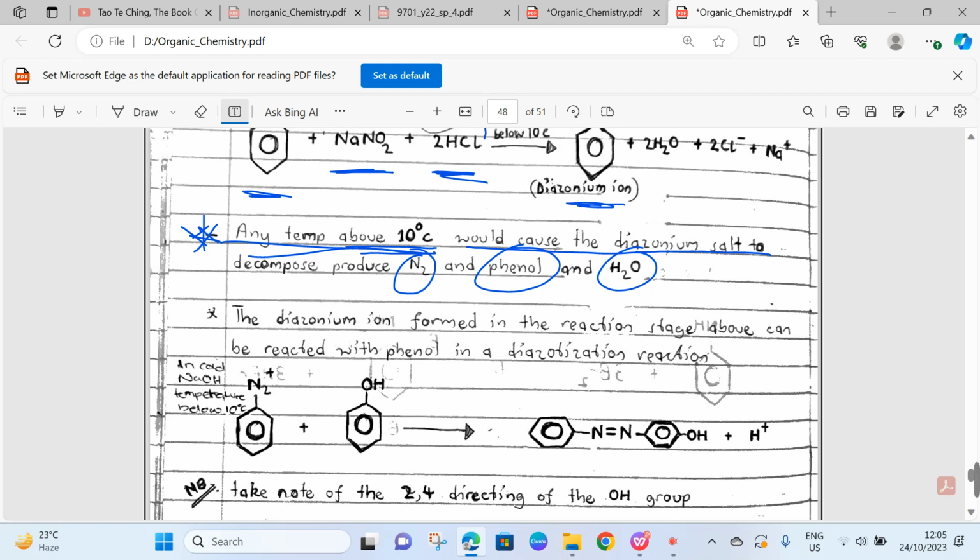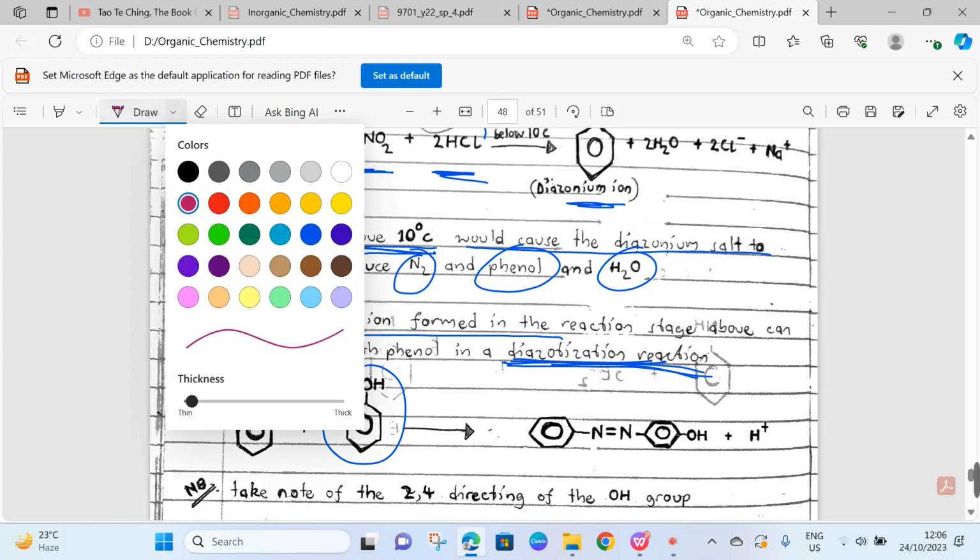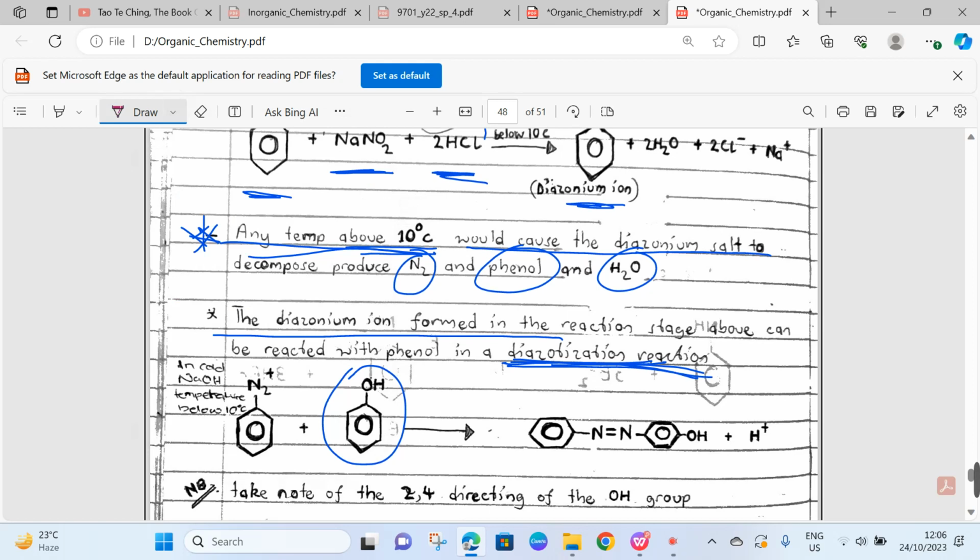Let's move on. The diazonium ion formed in the above stage can be reacted with phenol in what is called a diazotization reaction. So what happens here? Looking at phenol, remember from our topic of hydrocarbons, the OH group in phenol is an activator.